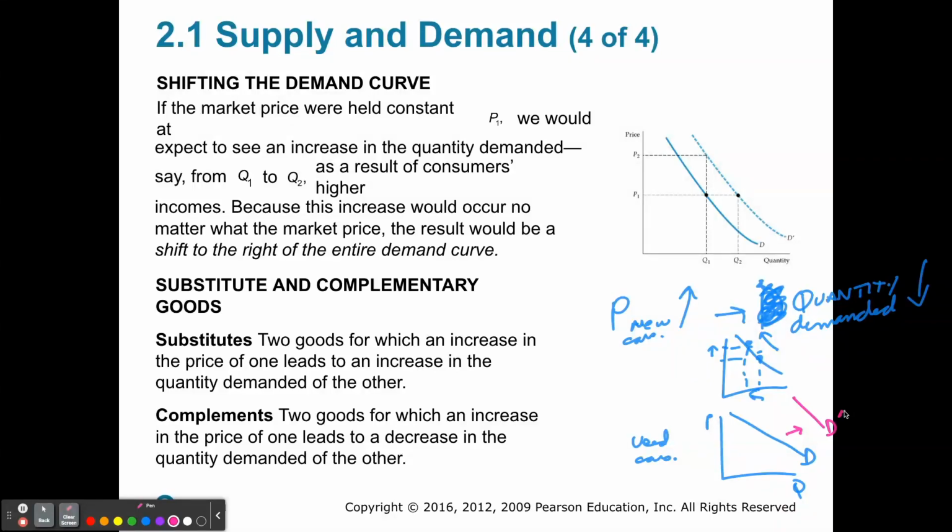And essentially, what we see is that raising the price of new cars caused quantity demanded of used cars to increase, because of the relationship between these two as substitute goods.